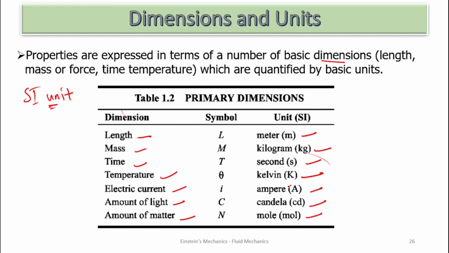These are the basic units from which we will derive other fundamental units, and we are going to use them a lot in this course. Sometimes we may use derived units, for example those combining two or more primary units, which is going to help us a lot.